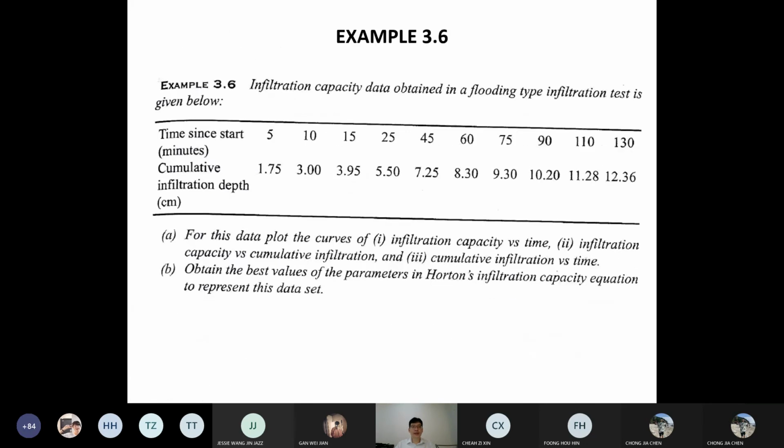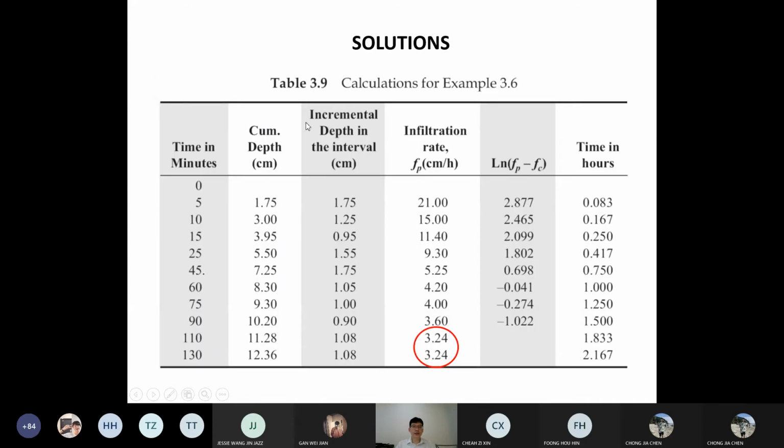You can see these examples of infiltration. We have data that change with time: 5 minutes, 10 minutes, 15 minutes, until 130 minutes, which is 1 hour and 10 minutes. The cumulative infiltration depth is like that, and we can use this for the calculations. These are the two data we have, times and cumulative.